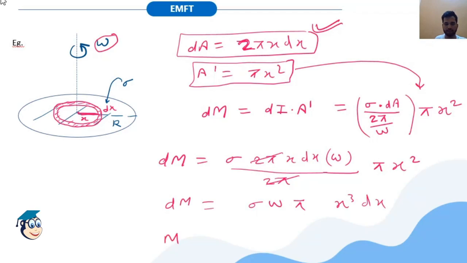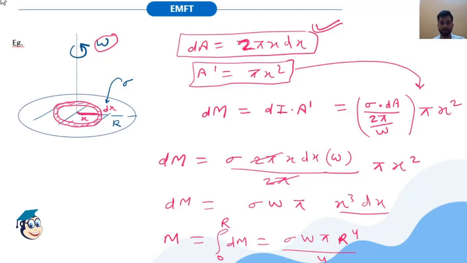So you can calculate the magnetic moment by integrating this quantity from r equal to 0 to capital R. This is sigma omega pi, and the integration of x cube dx is x to the power 4 over 4. Putting the limits, you will get R to the power 4 divided by 4.